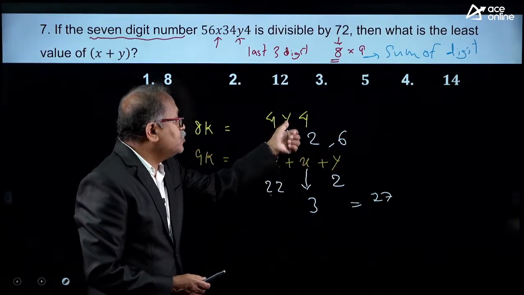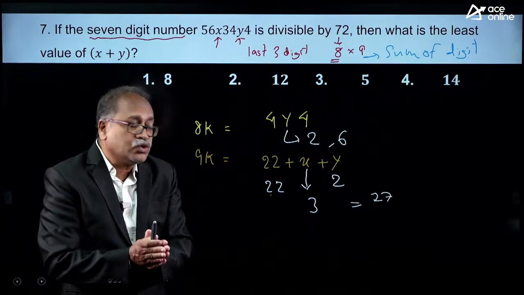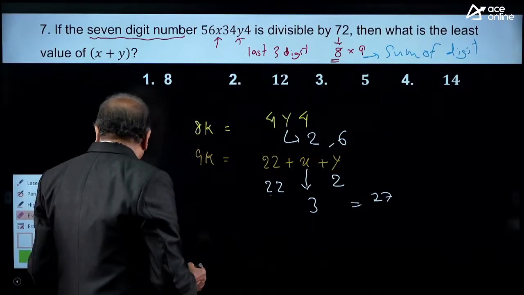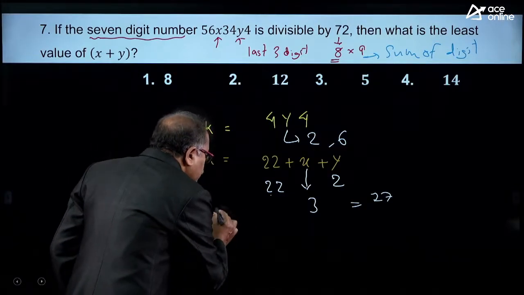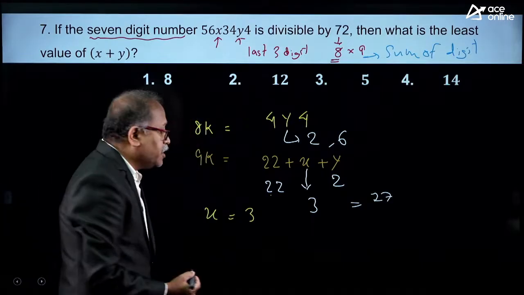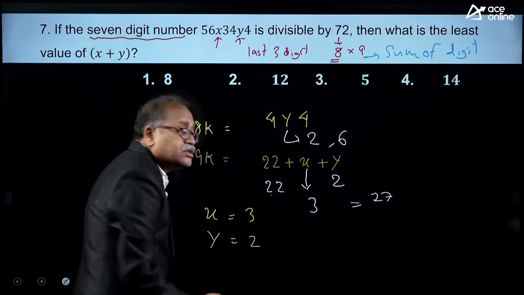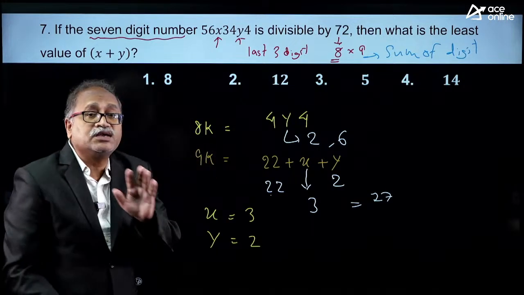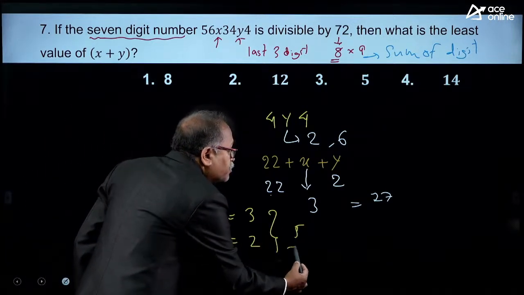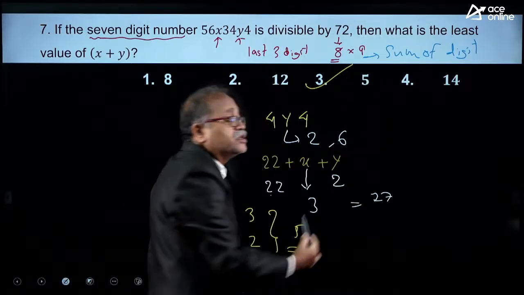And when I place the 2 at the place of y, it is divisible by 8. So if x is 3 and y is 2, this is the least possible value for x plus y. And what is the sum over here? It is 5. Do we have 5 as an option? Yes, option C.